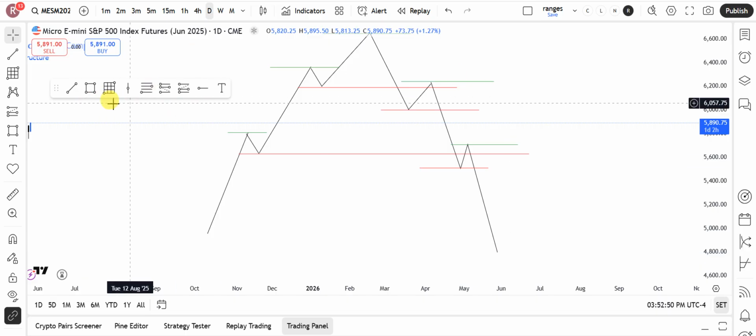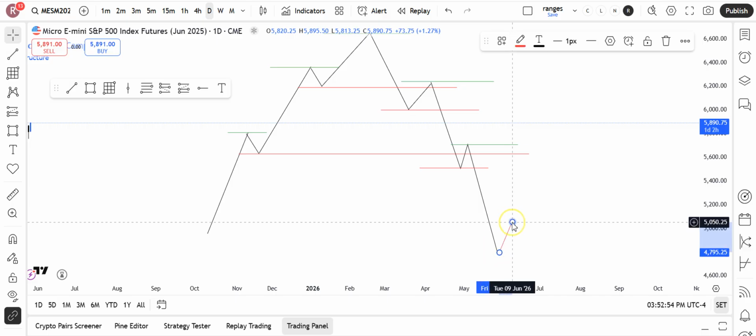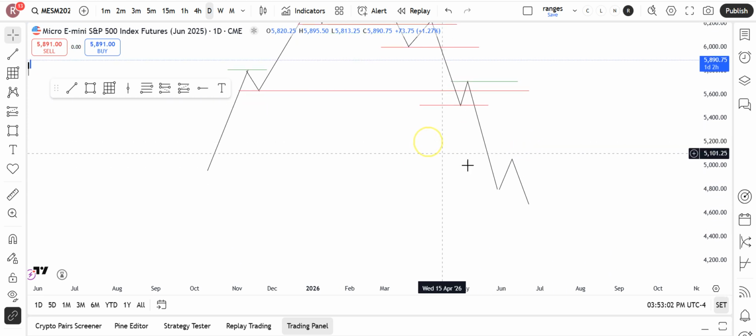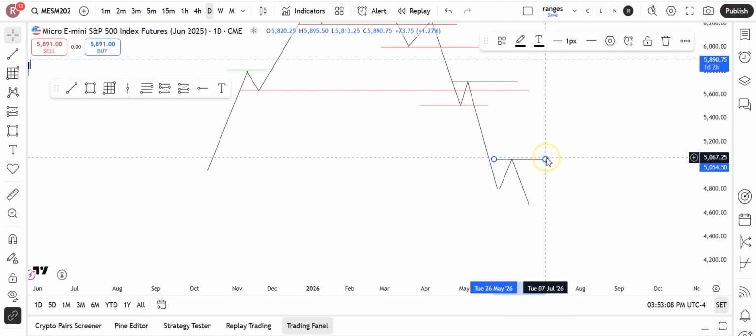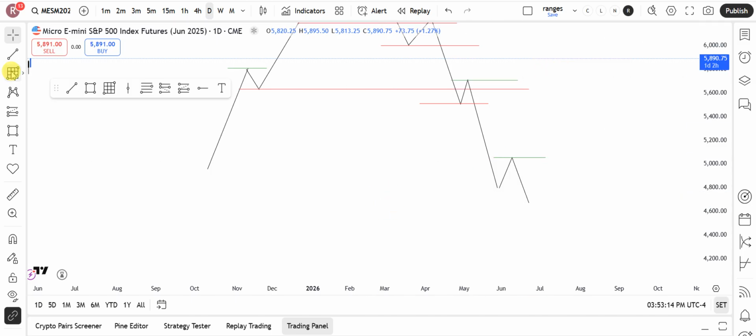Maybe let's do this. If we were right here and we were wondering where the next break of structure would occur, where do we think that is?